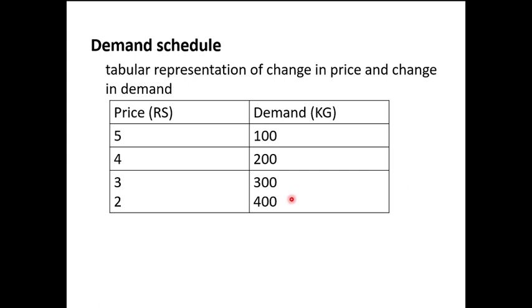When the price is reduced further to 2 rupees, it increases to 400 kg. So our law is very clear. As we said, when the price of the commodity falls, 5, 4, 3, 2, the demand for the commodity rises, here 100, 200, 300 and 400.